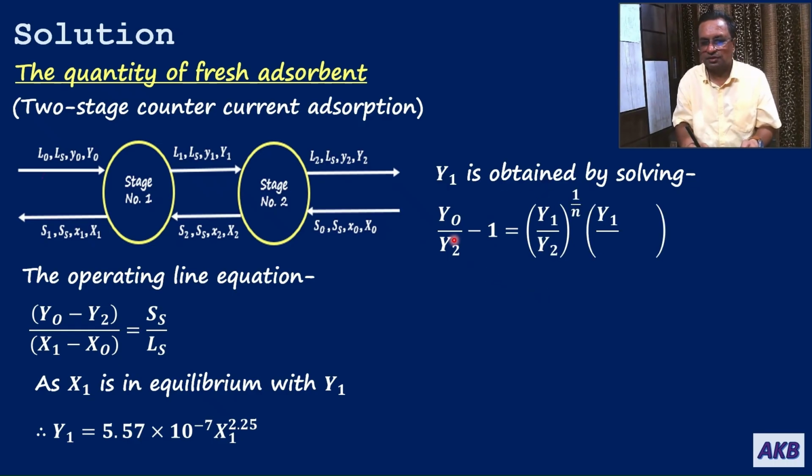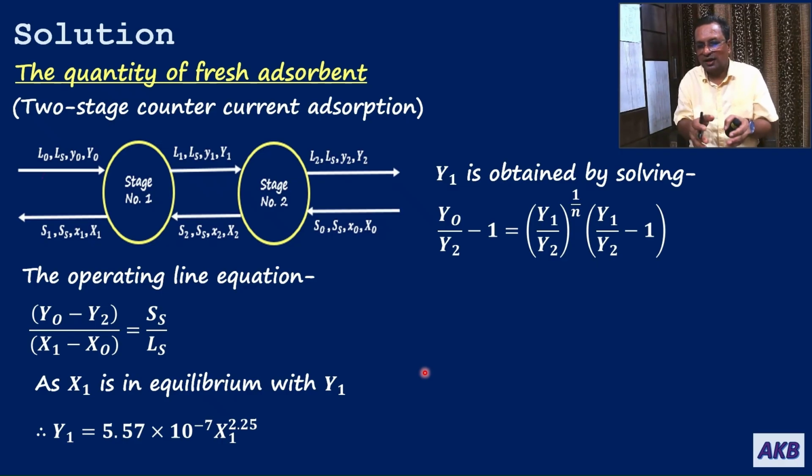What is that equation? Y0 upon Y2 minus 1 is equal to (Y1 by Y2) raised to 1 by n into (Y1 by Y2 minus 1). This equation is obtained when you apply the Freundlich adsorption isotherm to a two-stage counter current operation.